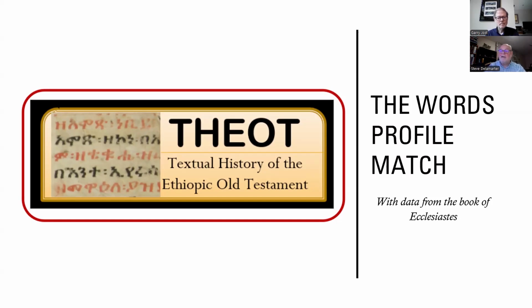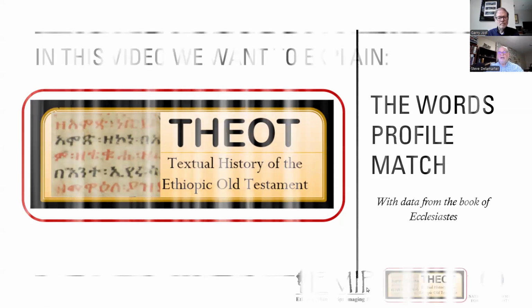You found this video sitting beside a link, a picture of a spreadsheet, and a link to that spreadsheet. If you click on it, you'll see the thing that we're going to be talking about in this video. The data for this particular video is taken from the book of Ecclesiastes, but there's a distinctive words profile match for every book that we study.